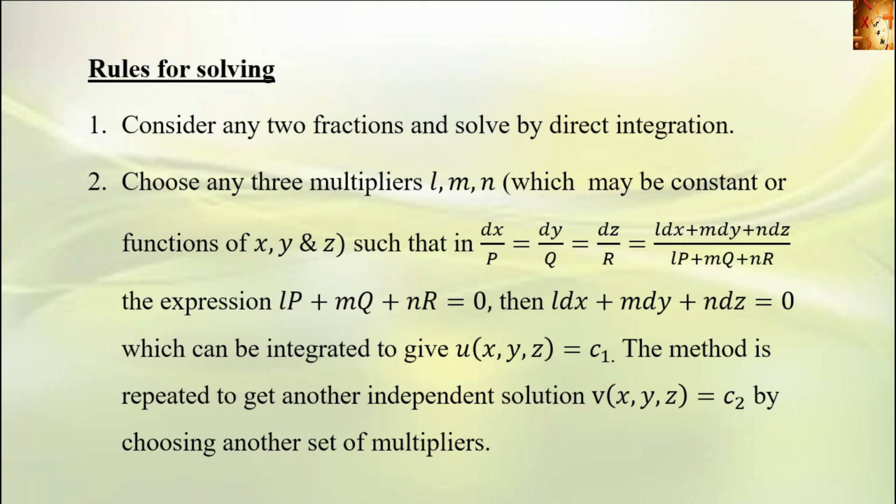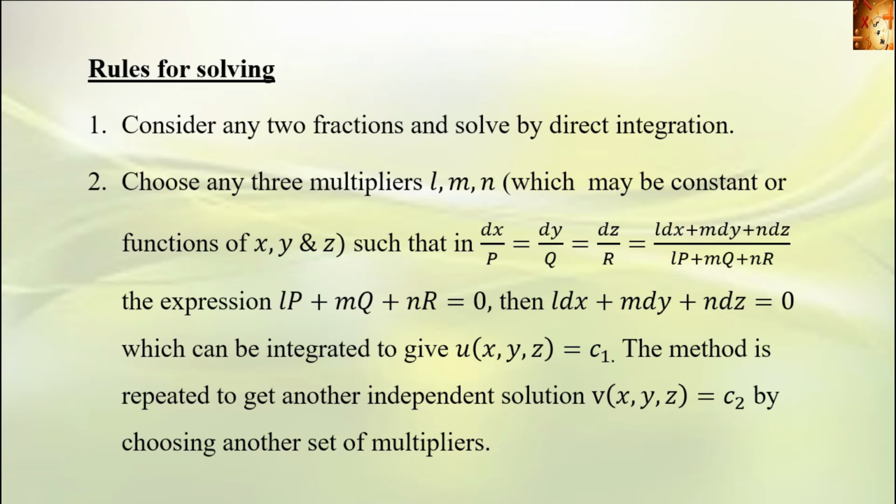Second method is choose any three multipliers. It may be a constant or some functions of x, y, z, such that we can rewrite the auxiliary equation as dx by P equal to dy by Q equal to dz by R equal to (l dx plus m dy plus n dz) divided by (lP plus mQ plus nR).